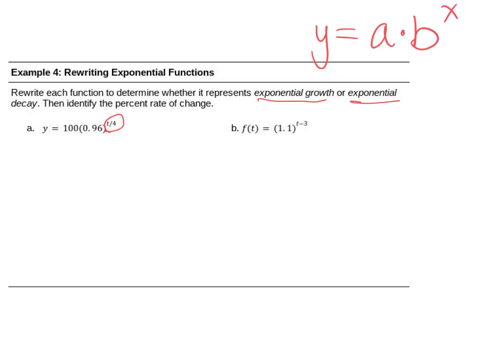Okay, and right now I'm not in that format. There's a whole lot of other stuff going on with my exponent. So in this one, you can kind of see that something kind of got lumped together, okay? What I can do, since I have a 4 in the denominator, I can rewrite this. Sorry, I hope that didn't mess anything up. I can rewrite that.